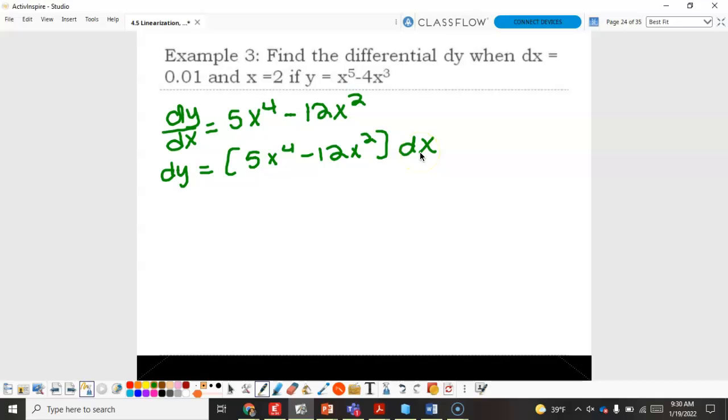And we were given that x is 2 and dx is 0.01. Is that why it's y is equal to instead of like f of x equal to? Yeah.